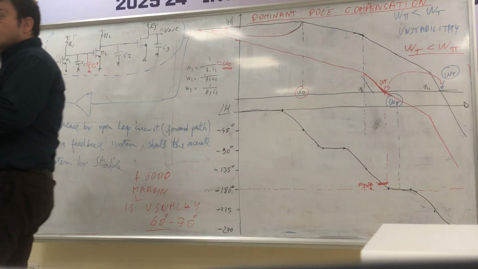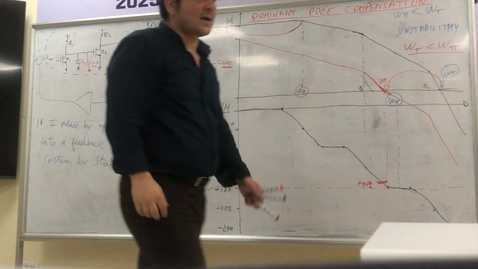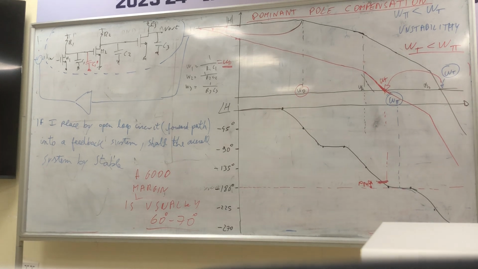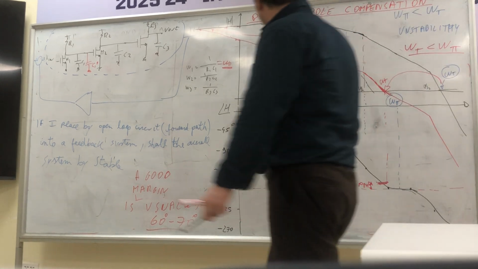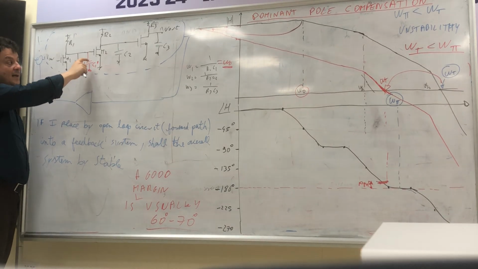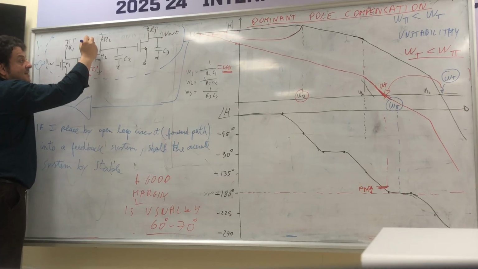But what do we know? That we can also do another kind of compensation. Actually, we add the capacitance here. But what happens if we add the capacitance here?